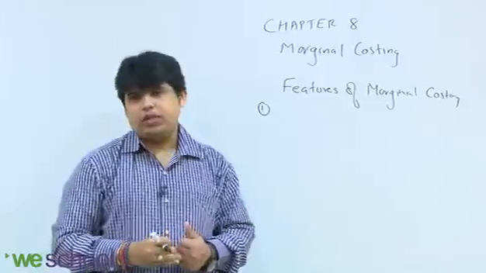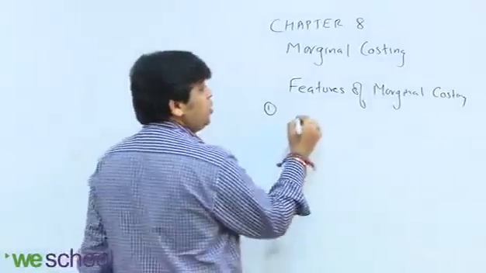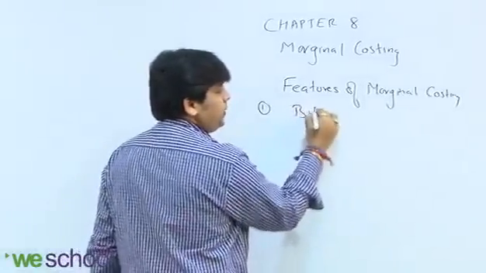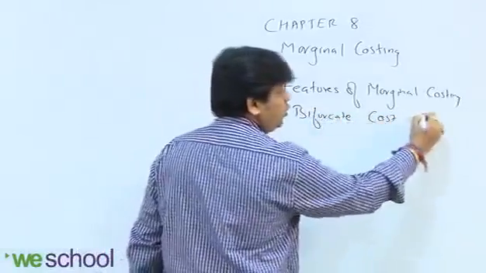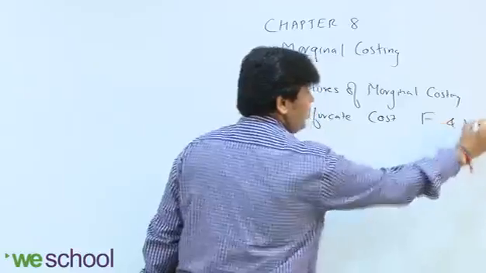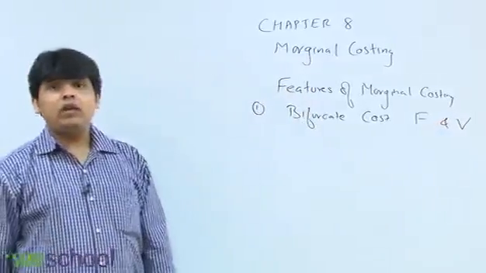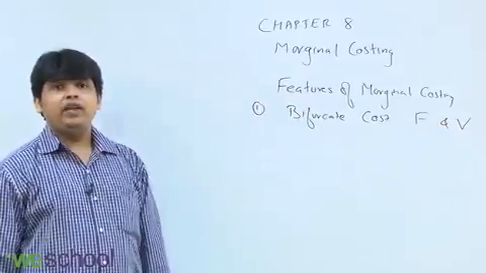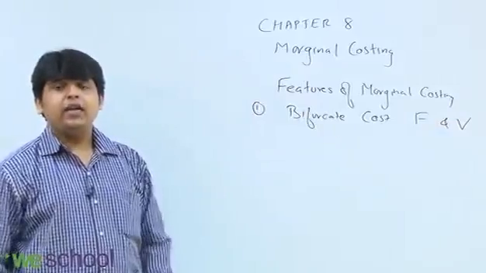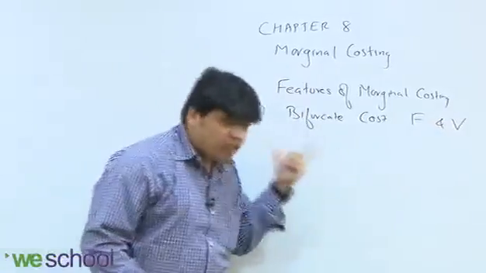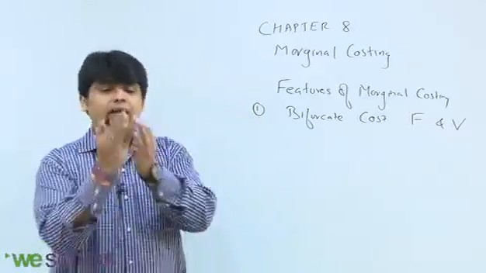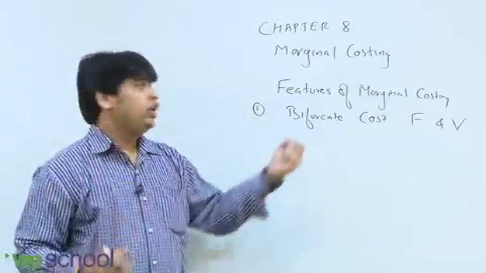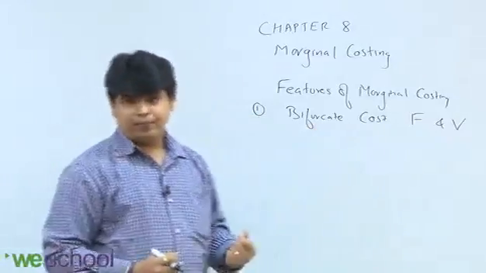Features of marginal costing. First feature of marginal costing: it bifurcates cost into fixed and variable. So the very first important feature in the marginal costing accounting system is that it bifurcates the expense into fixed and variable.